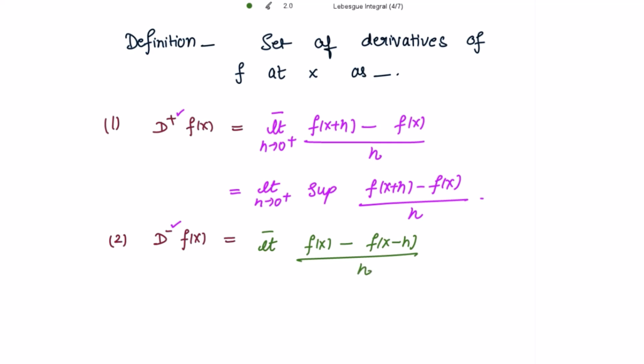Please take care of this. Here I have f(x) minus f(x minus h), and h is tending to 0 positive, which can further also be written as limit h tending to 0 positive, taking the supremum of (f(x) minus f(x minus h)) divided by h.